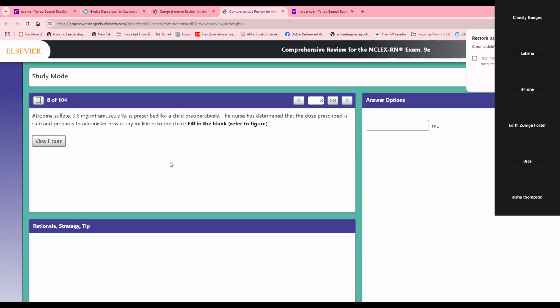Okay, so our formula is going to be desired over have. We already know that we have a 0.6 quarter, right? Our desired dose is what? 0.6. So now we're going to use the label to find out how much we're going to actually give, or what we have on hand. I'm sorry. Can you see the label or no? No. Okay, let me do a different share.